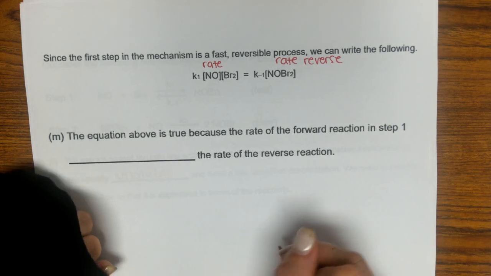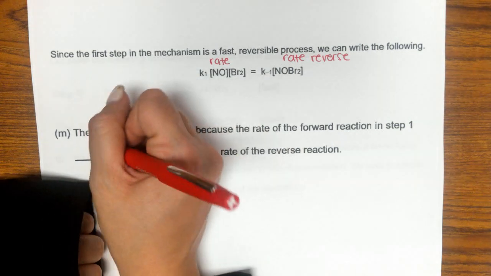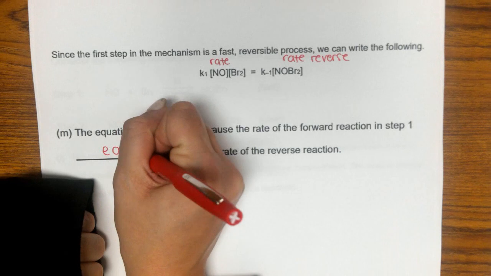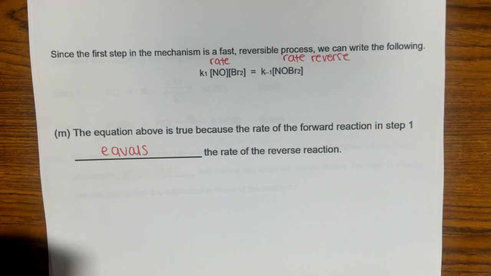And we know this is true because it is a very fast, reversible process. You can't say that for a slow one, but we're going to assume that with this one. That is an assumption you can make. If it's the first step and it's fast and it's reversible, the rate of the first forward equals the rate of the reverse.